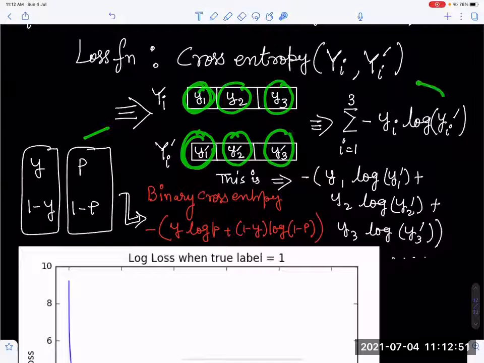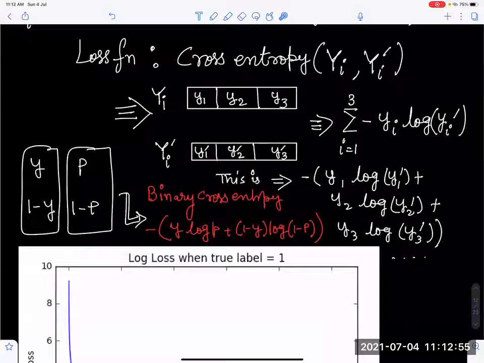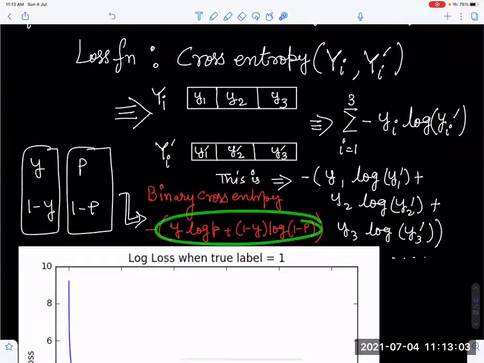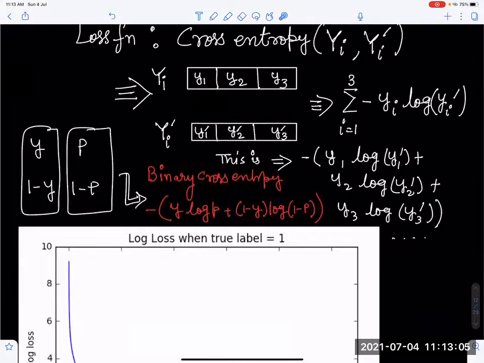You add all of these three things, and that is going to tell you the cross entropy between them. If there are only two classes, then the cross entropy is defined slightly differently, but that is okay. We understand that this is the cross entropy formula.